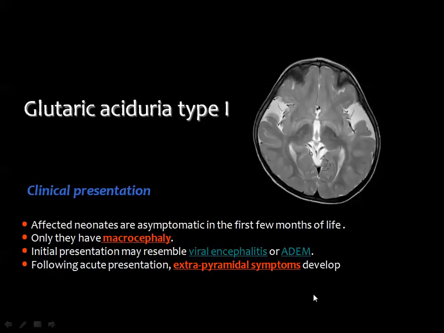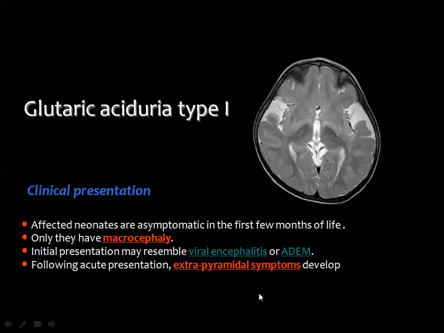These patients will appear asymptomatic early in neonatal life, but they may have some macrocephaly, and the initial presentation of the disease may resemble viral encephalitis or acute demyelinating encephalomyelitis, and this will be followed by extrapyramidal symptoms.